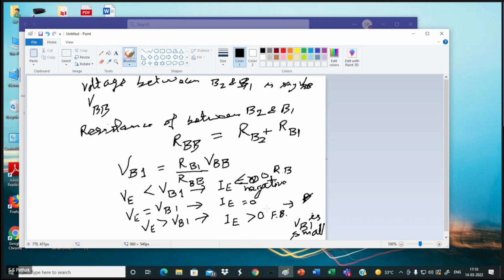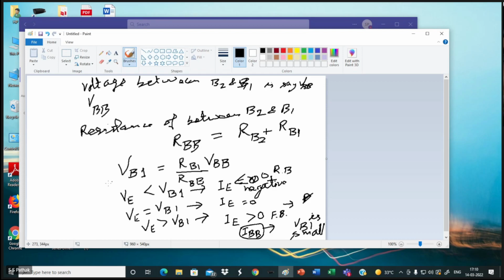And the VB1 formula I have written here: RB1 divided by RBB into VBB. So we have to see VB1 has reduced. As a result, what is the current flowing through the device? IBB, you can say, this current. When VB1 becomes very small, the device current will increase.